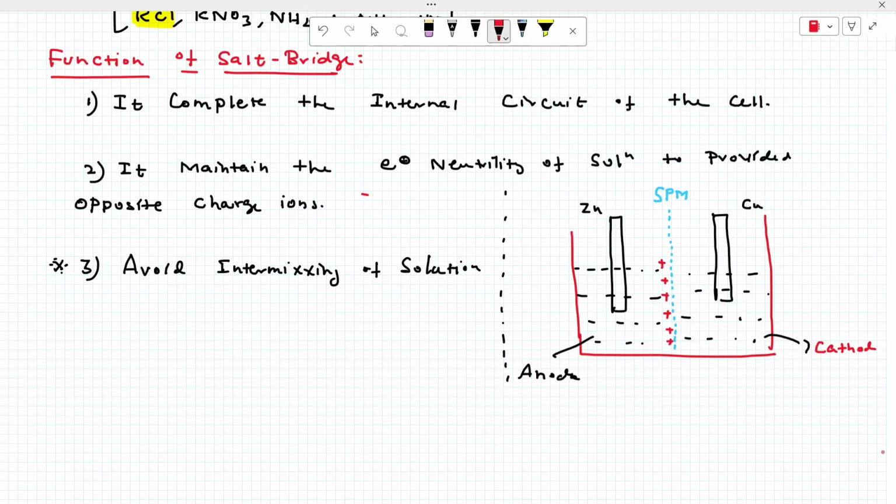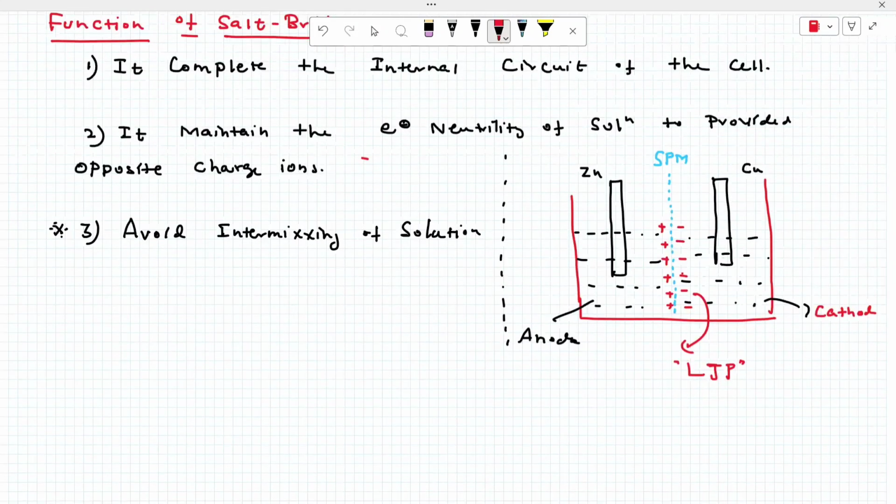And cathode negative. We know very well, whenever the positive negative charge in the junction, they're going to create some potential. That is called liquid junction potential. Please, very important.